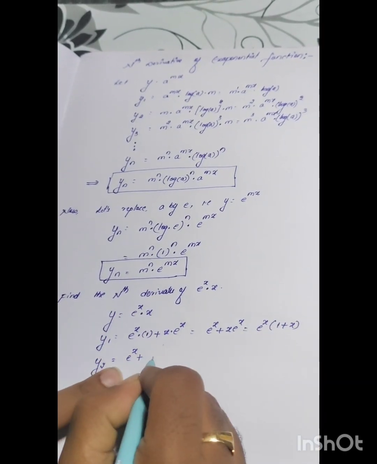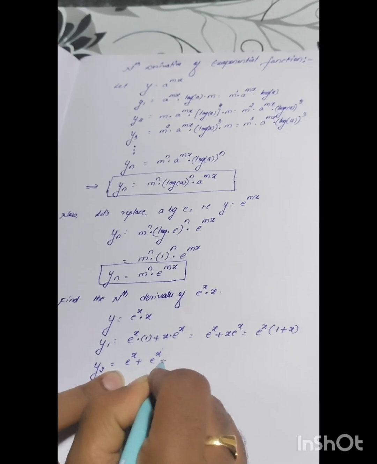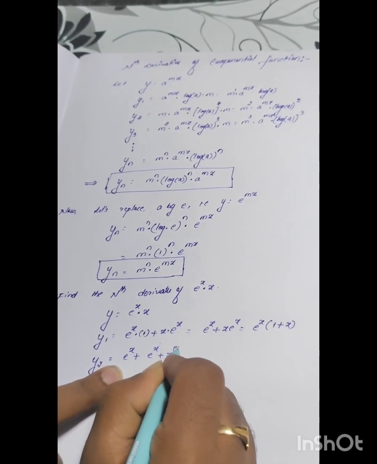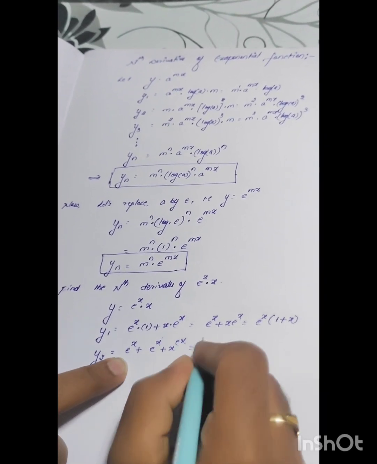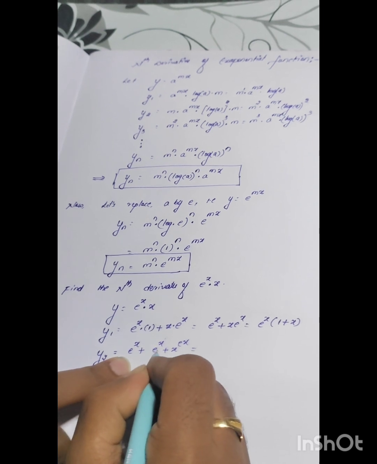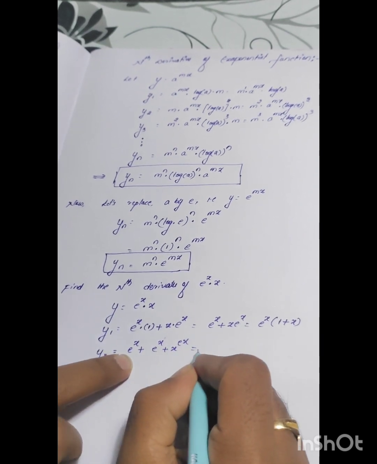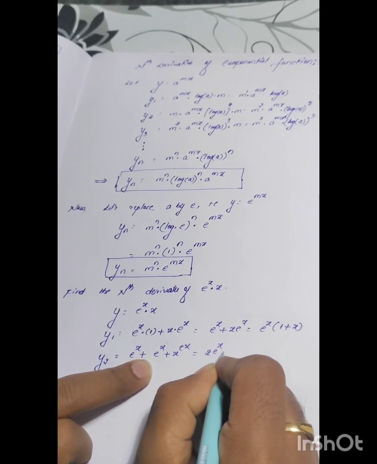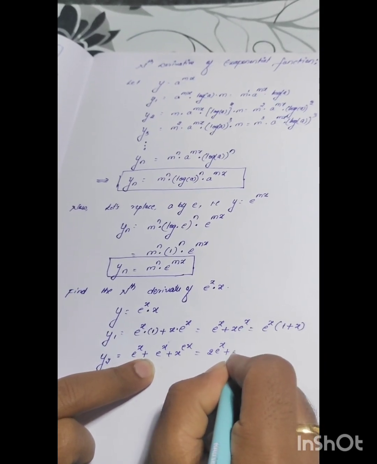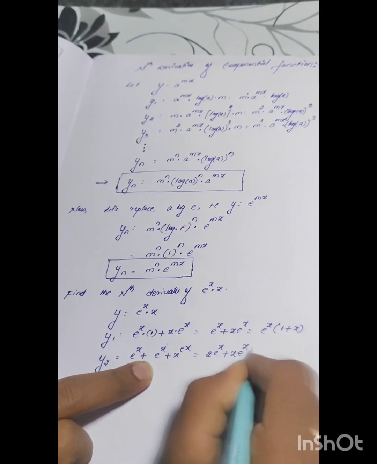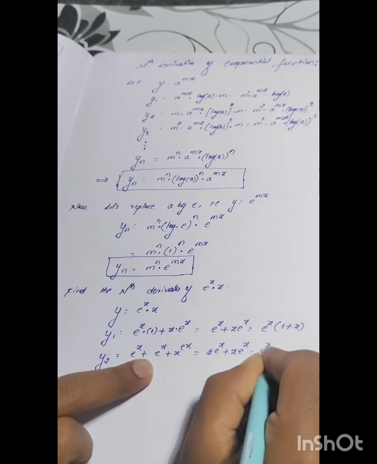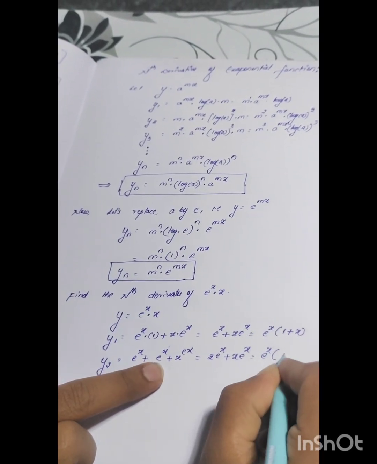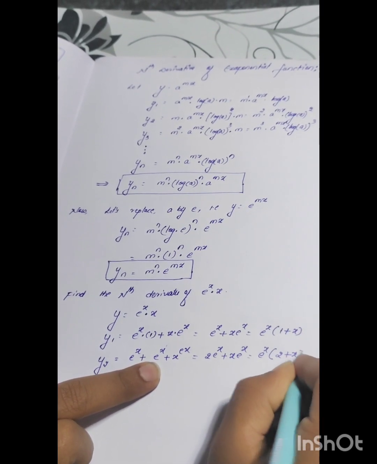So that will become e power x plus x into e power x, so we have 2 e power x here, e power x plus e power x is nothing but 2 e power x plus x into e power x. Let's take e power x outside, so this will become 2 plus x.